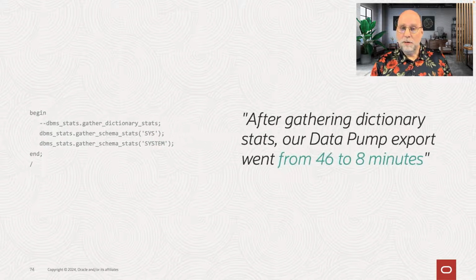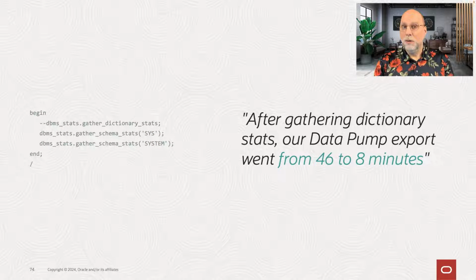The effect of gathering those dictionary stats, again, you can find it in data pump. You can also see it in your upgrades and other metadata intensive kind of operations. In this case, export going from 46 minutes to 8 minutes. That's a huge performance win just by gathering stats. And of course, gathering stats is an online operation.